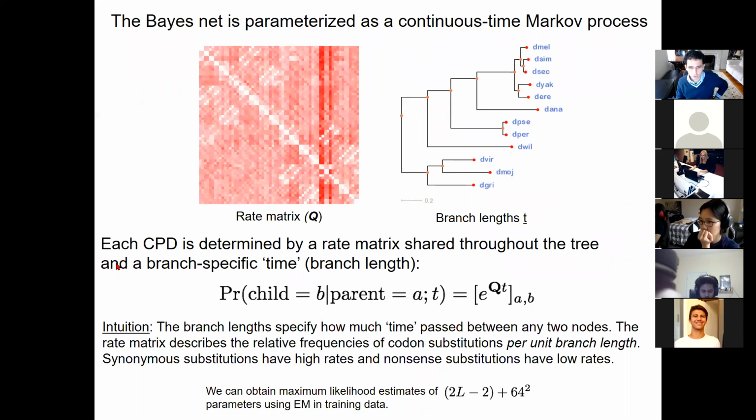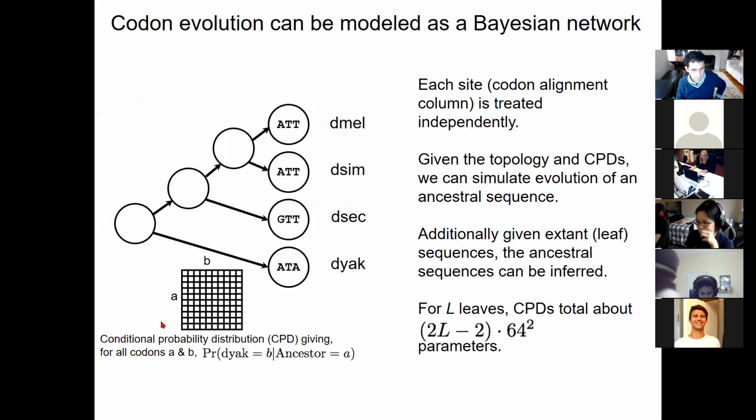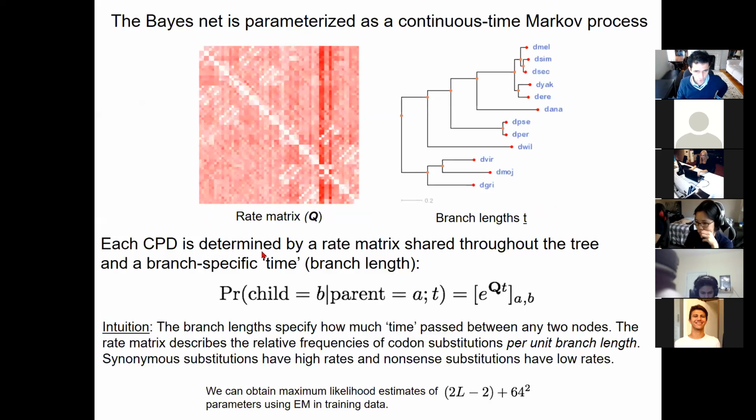So what we're going to be doing now is parameterizing this conditional probability distribution by a rate matrix, which is shared throughout the tree, and a branch-specific time, which is the branch length by which this is scaled.